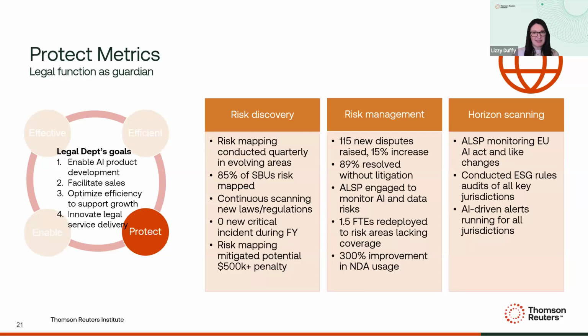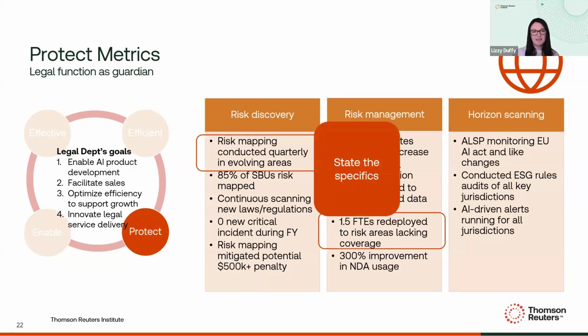So some great results in here, and just a couple of tweaks to suggest. Two pieces we've highlighted here. One is risk mapping is conducted quarterly in evolving areas. And then the second, in our risk management column, we've redeployed 1.5 FTEs to risk areas that were lacking coverage.